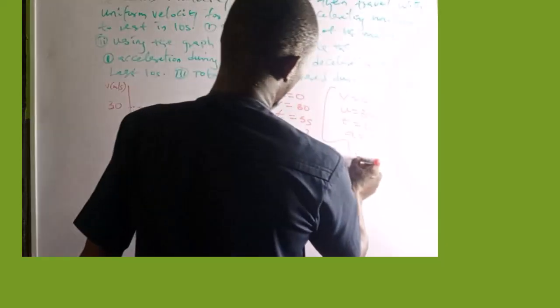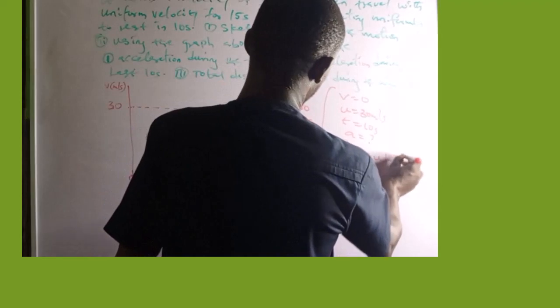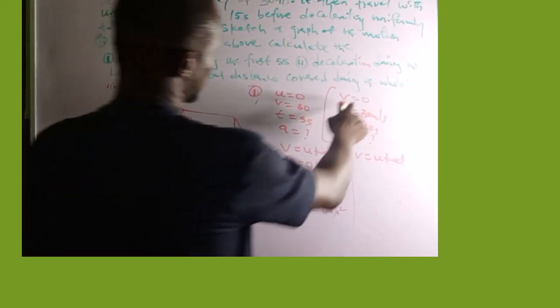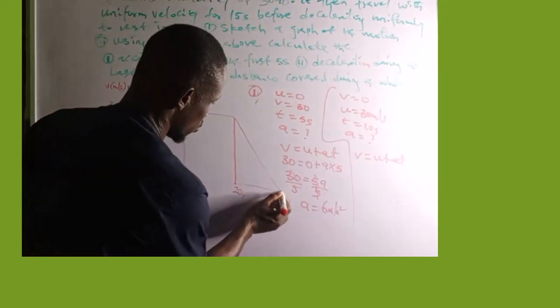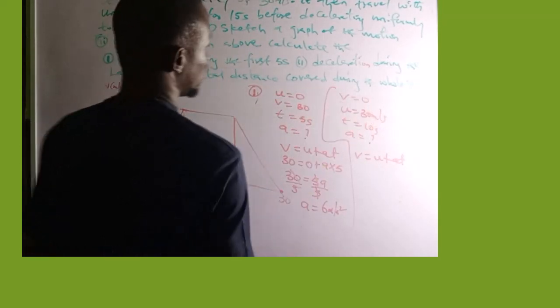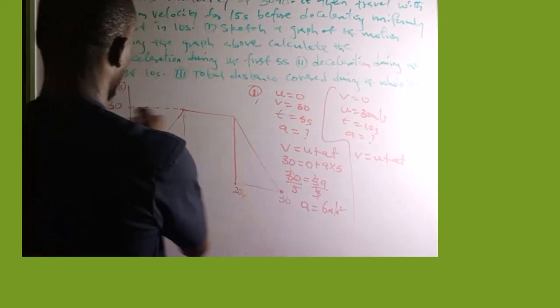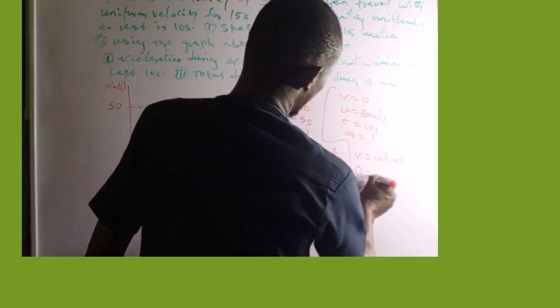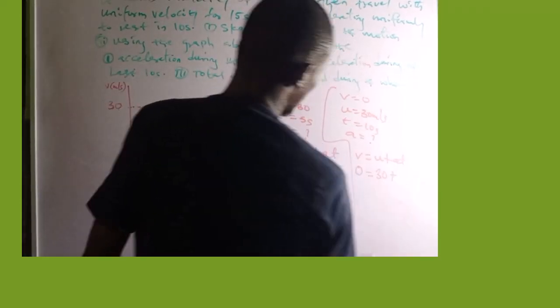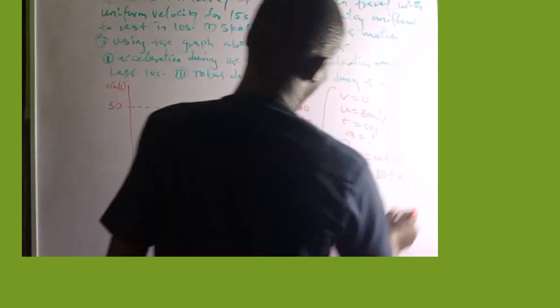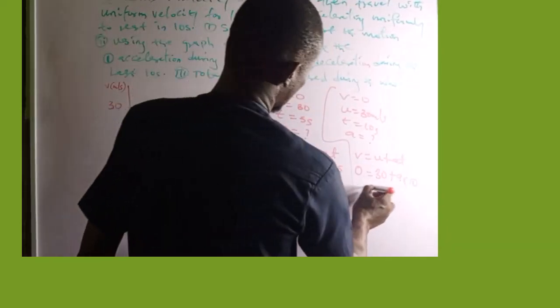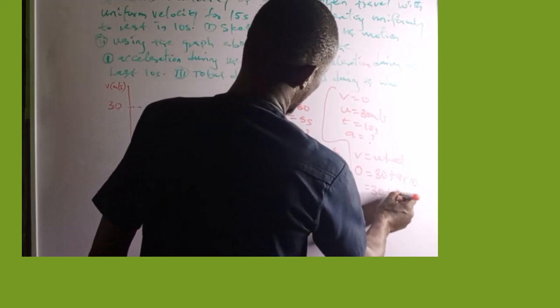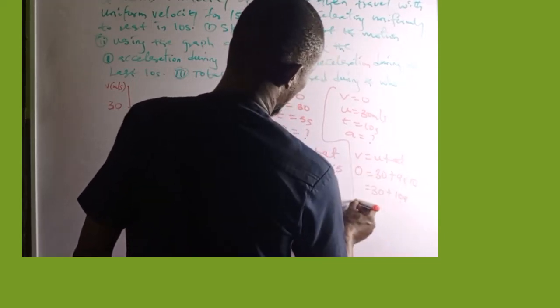So we still have V equal to U plus AT. Why is V 0? Because it's coming to rest. When a body comes to rest, V is equal to 0. Then this becomes the initial velocity. So 0 equals 30 plus A times time. So 30 plus 10A. 10A comes over here.